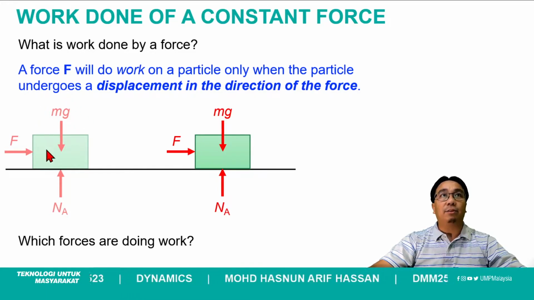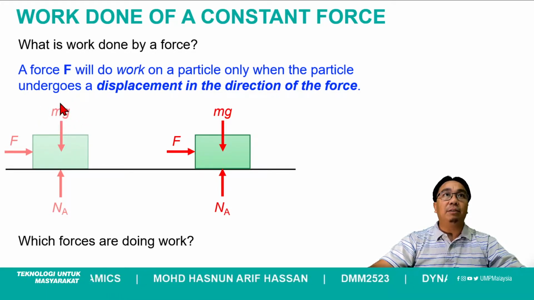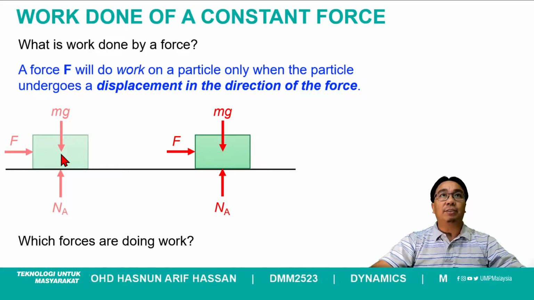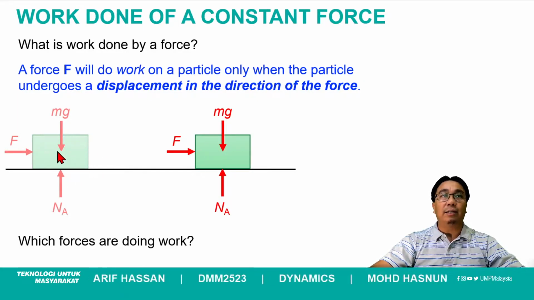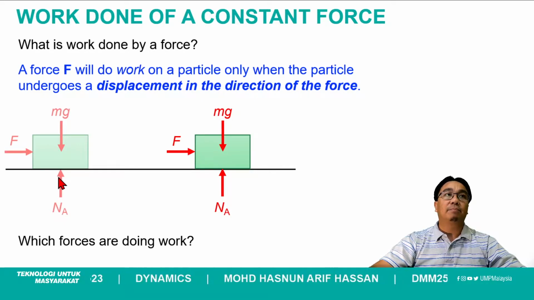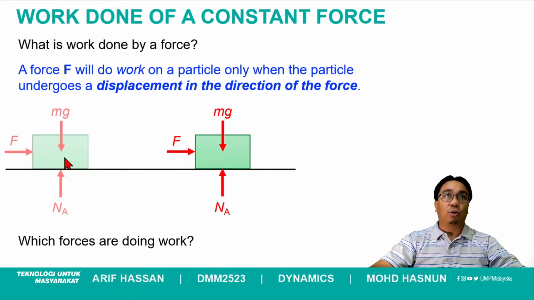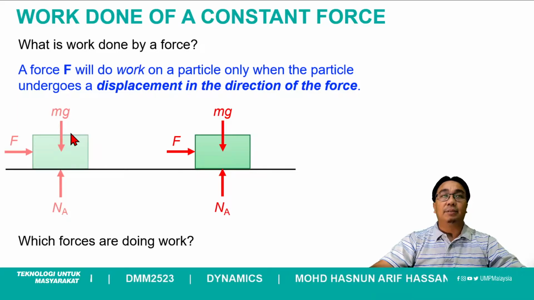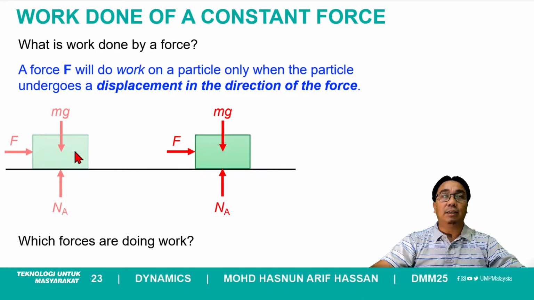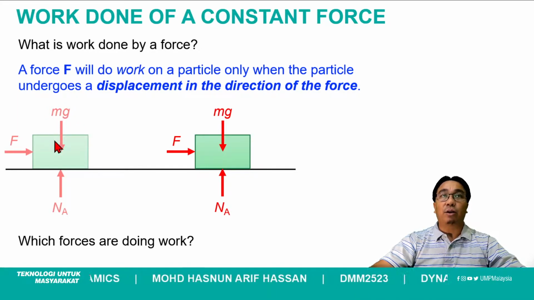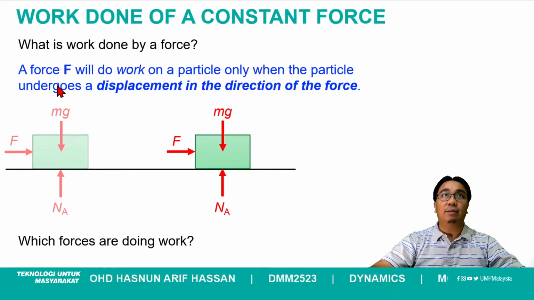Okay, now let's look at mg. Mg bertindak ke bawah. Adakah kotak ini bergerak di arah yang sama dengan mg? Saya ulang, mg bertindak ke bawah, kotak bergerak ke kanan. Jadi adakah mg ini melakukan work ataupun tidak based on the definition here?